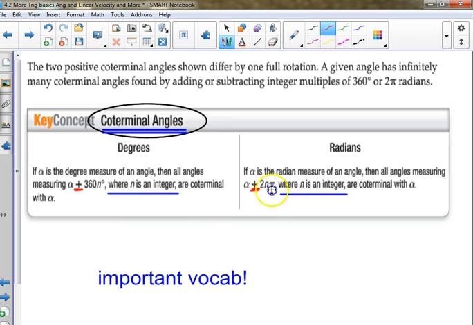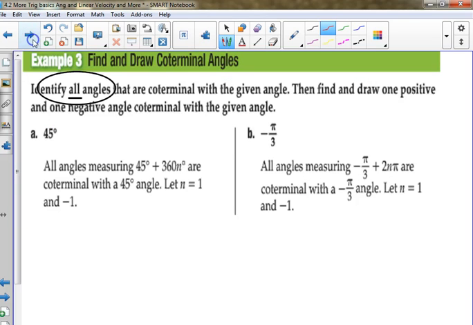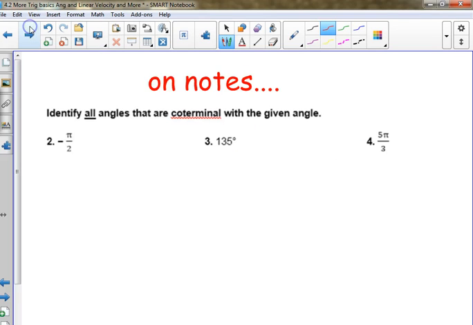And if it's in radians, we do plus or minus 2 pi n. All right, so if it said all angles coterminal with this in its degrees, we'd put 45 plus or minus 360 n. If it's in radians, we'd do negative pi over 3 plus or minus 2 pi n. And we're supposed to say where n equals any integer, but I'm not going to make us write that.